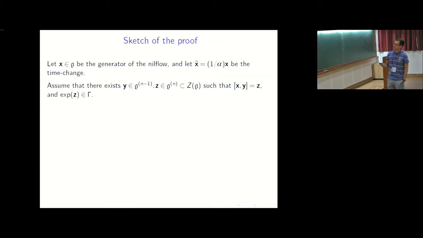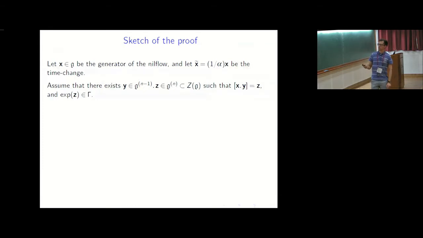Here n stands for the step of nilpotence of the group, so this is the last term in the central descending series, such that the commutator of X with Y gives you Z, and let me also assume for simplicity that the exponential of Z is in your lattice.